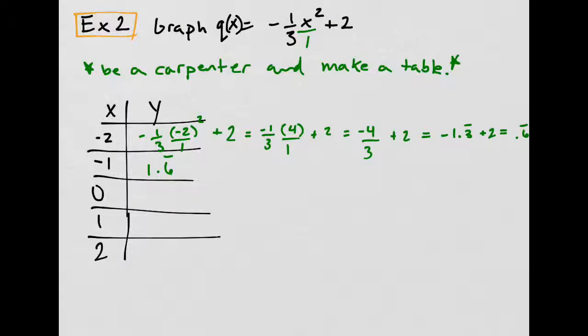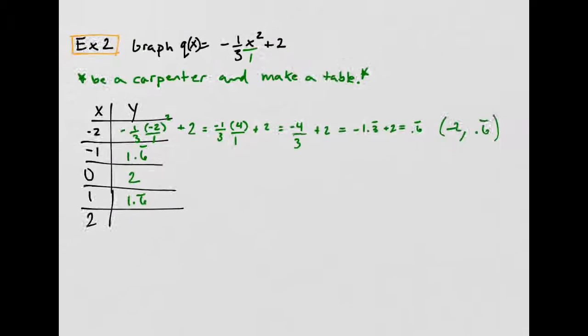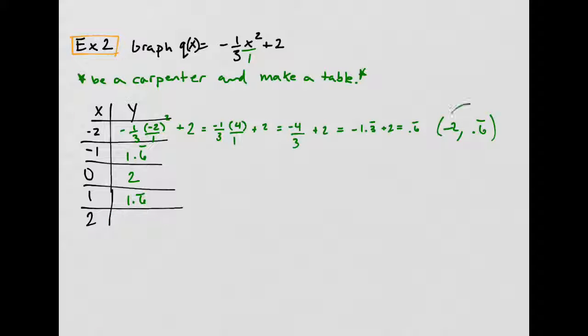If I plug in 0, I get 0 squared times this, times the 1, that would be just 0 over 3, which is 0, plus 2 is 2. And then this is 1.6. It's got to be the same, repeating. And this one is going to be the same as this. So it's just 0.6 repeating.